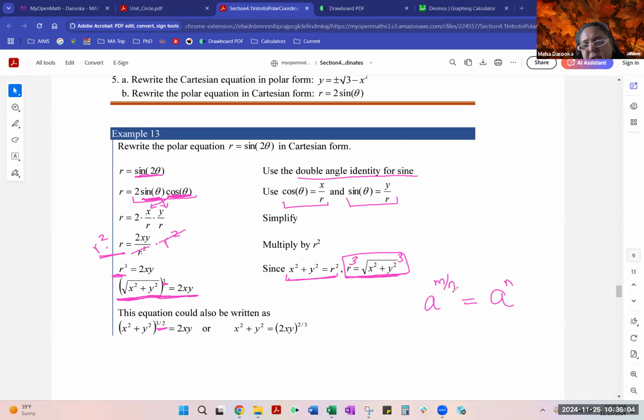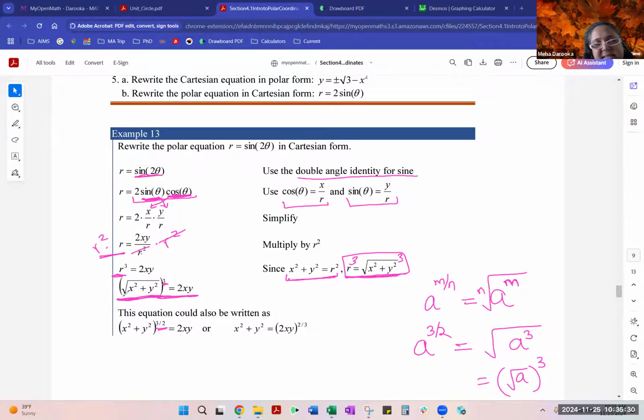The denominator number tells you what the index is for your radical. So the m is your exponent, and the n is the index of your radical. So if you have 3/2 like we have here, that's telling you technically you have a square root of a to the third power. And you can also put the square root of a on the inside and put the third power outside.